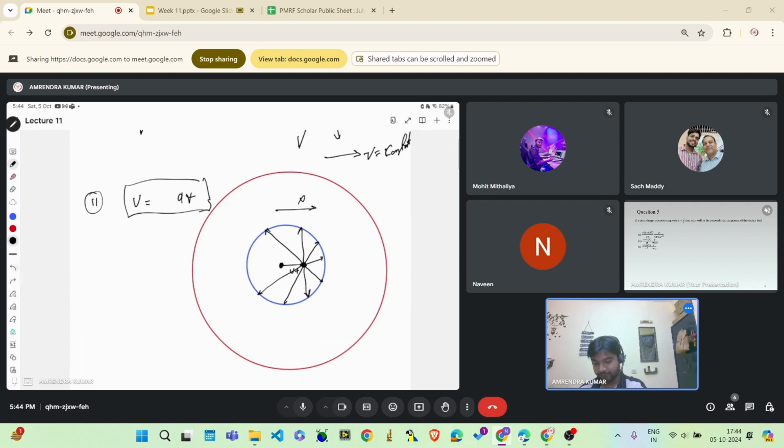Let me use a different color. This is the new center, this is the old center. If we use something like this, like this, it also goes like this, it also goes like this.